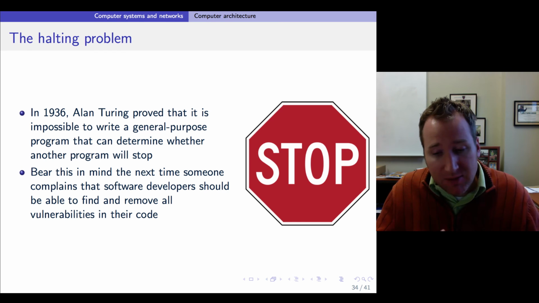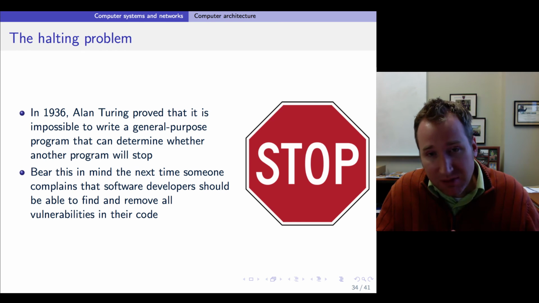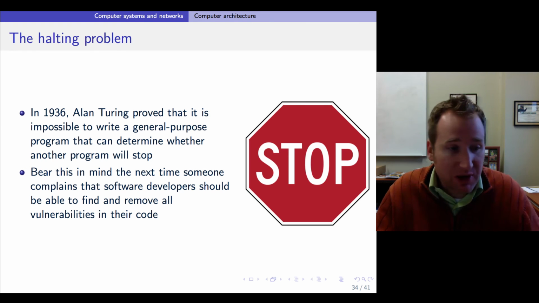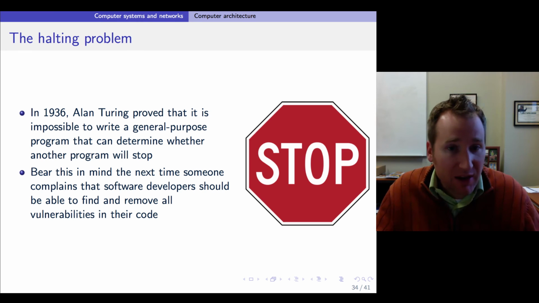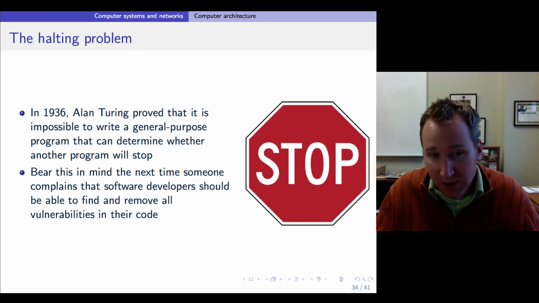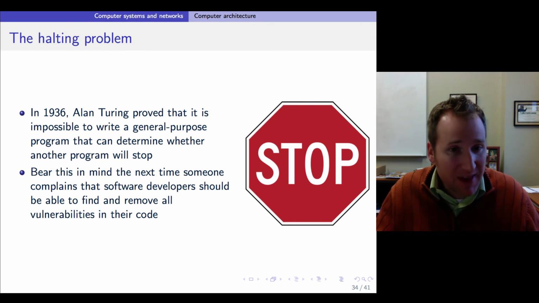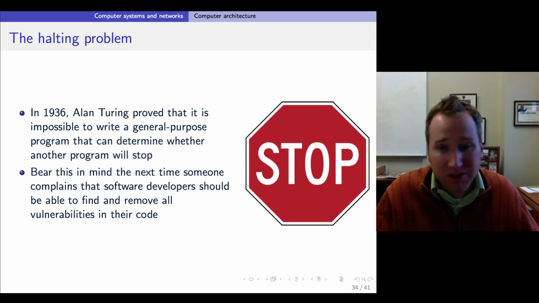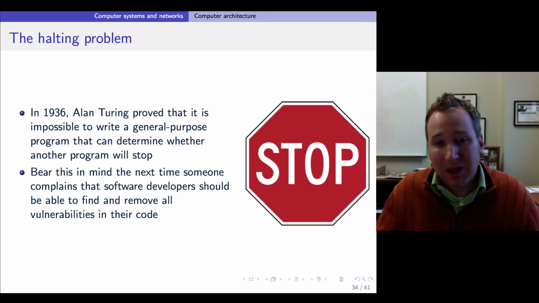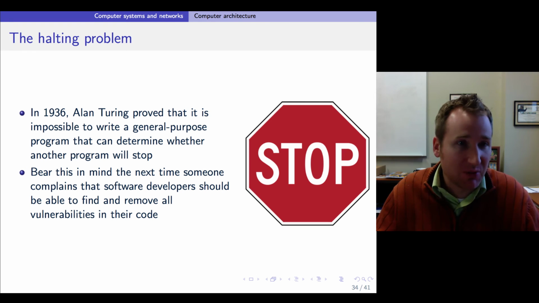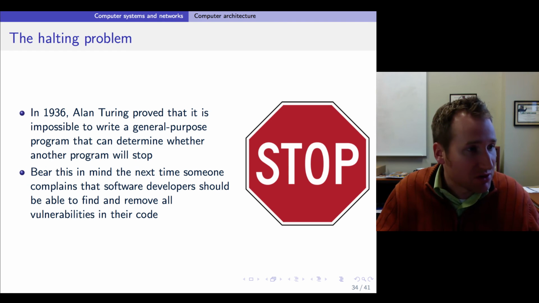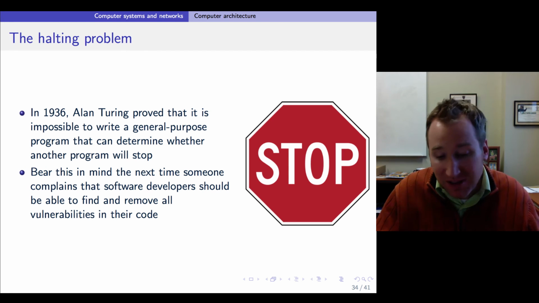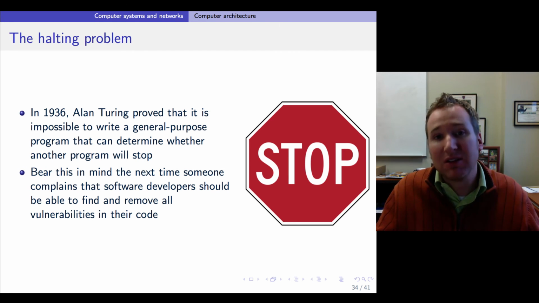And from this, we've even seen subsequent proofs showing that the identification of virus or malicious software by an antivirus program reduces to the halting problem. So bear this in mind the next time someone complains that software developers should be making secure code and that antivirus companies should be able to detect all malicious code. It turns out that it's a fundamentally hard problem that we're never going to have a solution to.